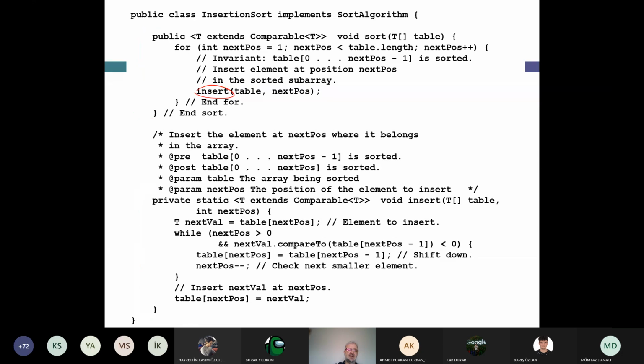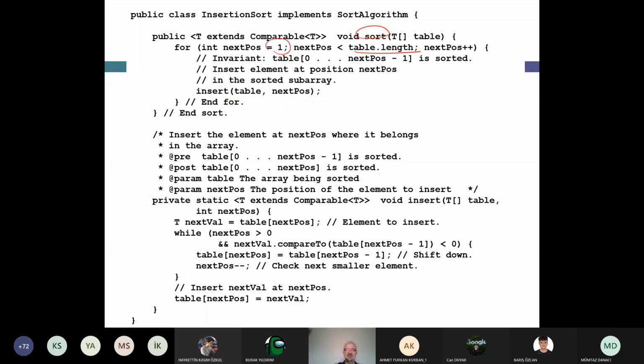In an insertion sort method, we go from first position to the last position, insert the element at that position into the sorted sequence in the table until that position, right? And it's performed by using this insert method.